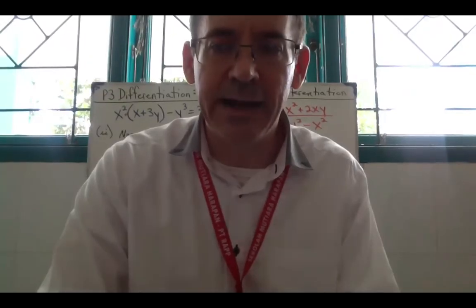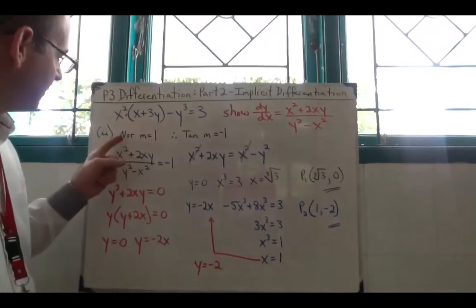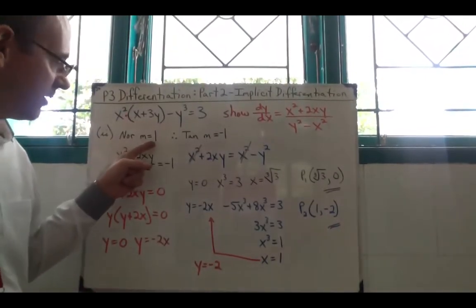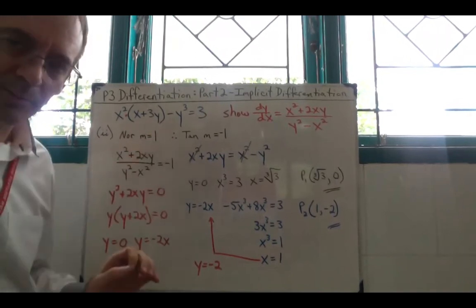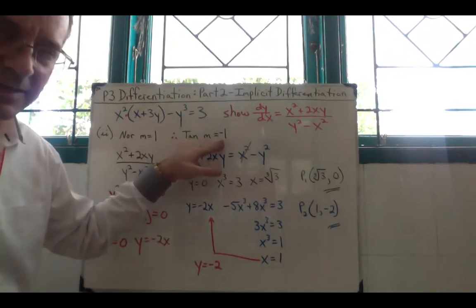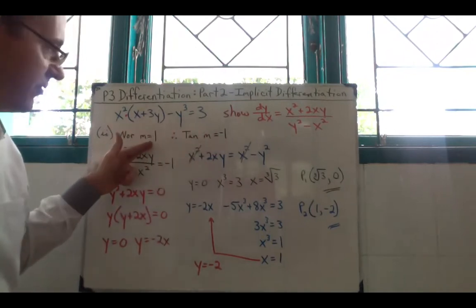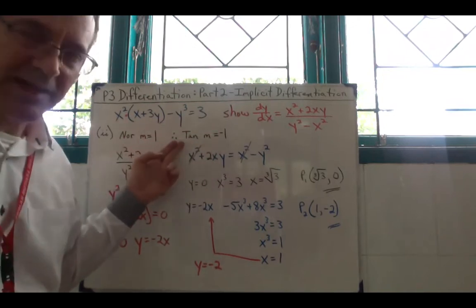Okay, so let's go back to our board. It says that the slope of the normal is 1. Therefore, because tangent and normal are perpendicular, the tangent slope is -1. Just the negative reciprocal of 1 is -1. Why do we want the tangent?